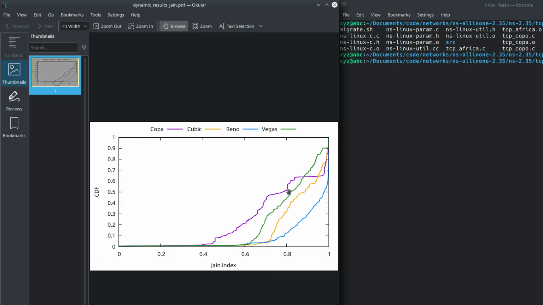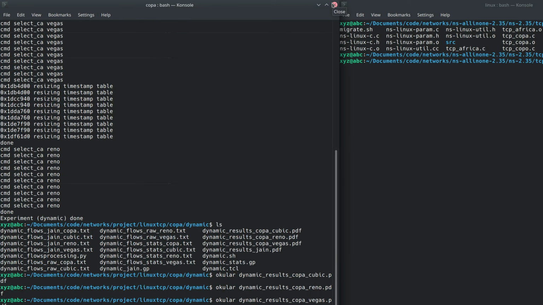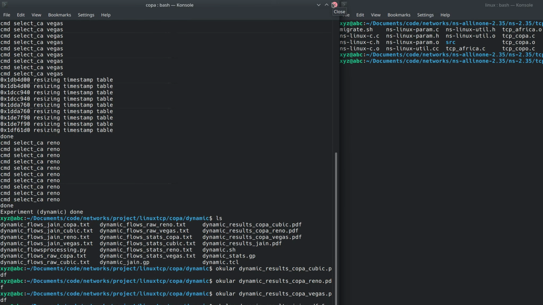So we can see that for most of the data points we have a good allocation. All right, so these were the results for the first experiment. Now let's move on to the second one, which is fairness.